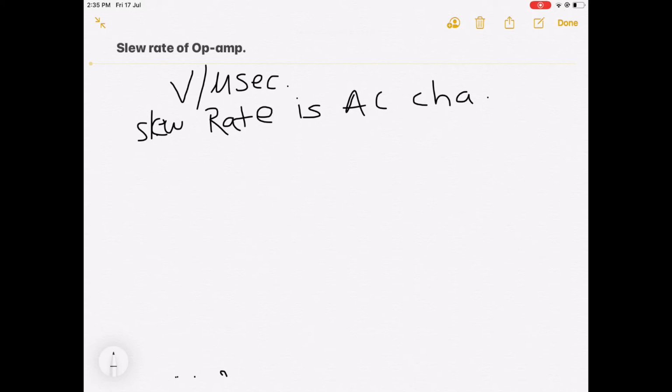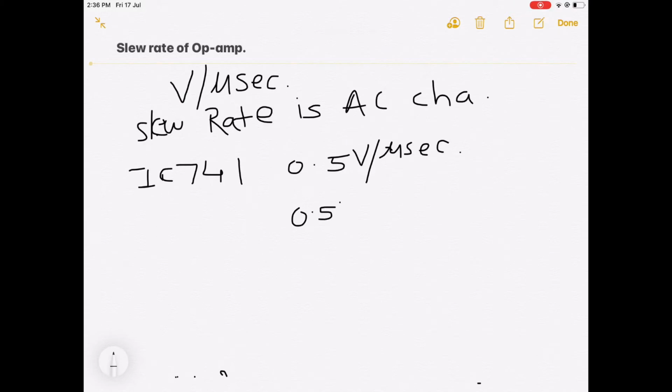So, general purpose op-amps such as IC741 have a maximum slew rate of 0.5 volts per microsecond, which means that output voltage can change at a maximum of 0.5 volts in 1 microsecond.